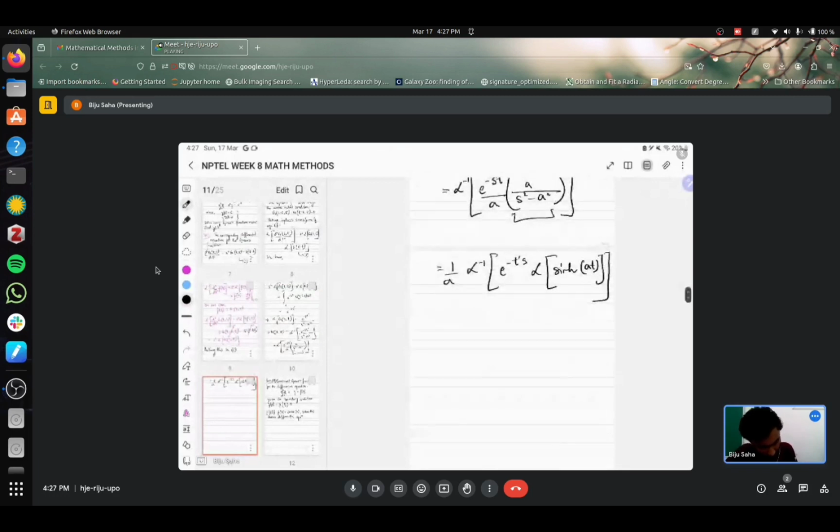Now we use the fact that the Laplace transform of a step function multiplied by the function is given by this.